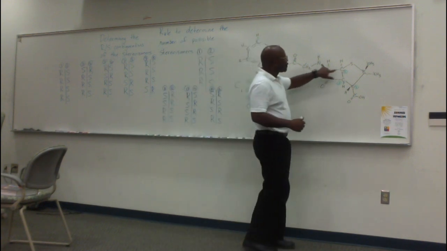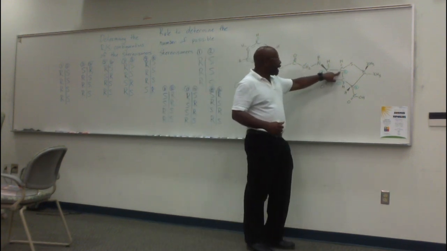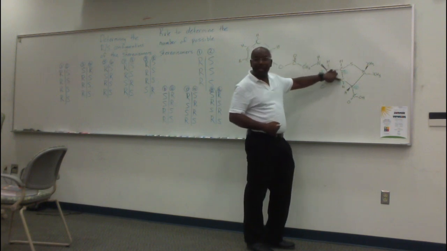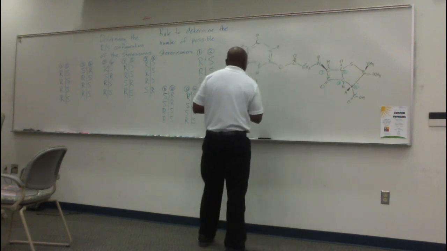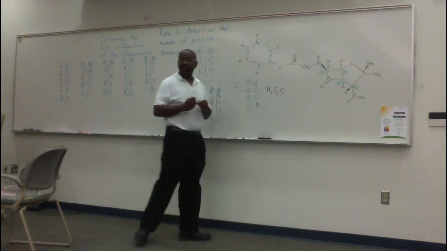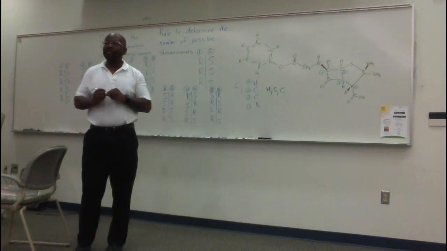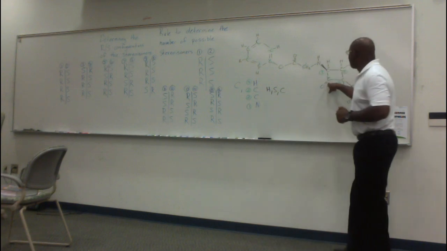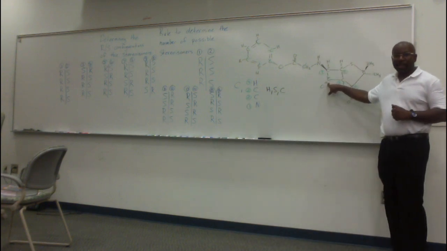Going clockwise, we go to the first carbon atom. What atoms are directly attached to the first carbon atom? H, S, and C. Okay, there's a tie. Next, I will go to the carbon atom at the bottom.